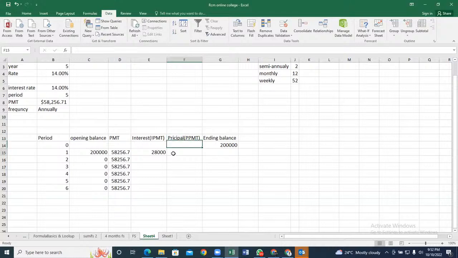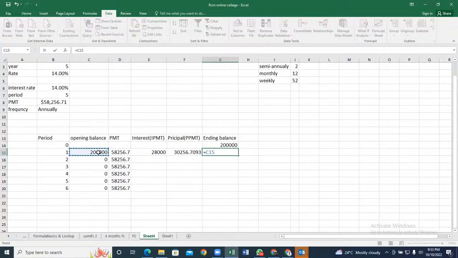We subtract: it is equal to PMT minus interest. That is it. How do we get our ending balance now? Our ending balance is equal to opening balance minus principal amount.